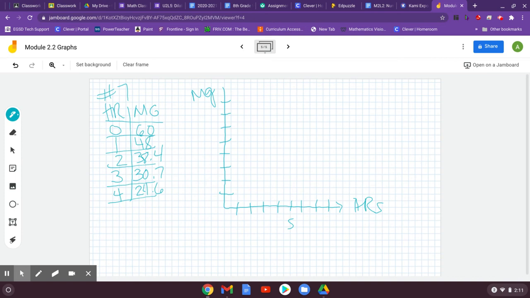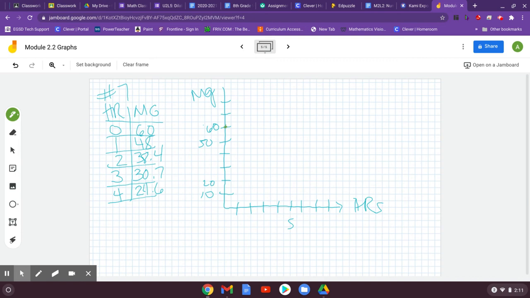I have 8 lines. Now we can do 10, I guess. Let's just go by tens. 10, 20, 30, 40, 50, and that puts our 60 right here. So 0 is 60, right on there.